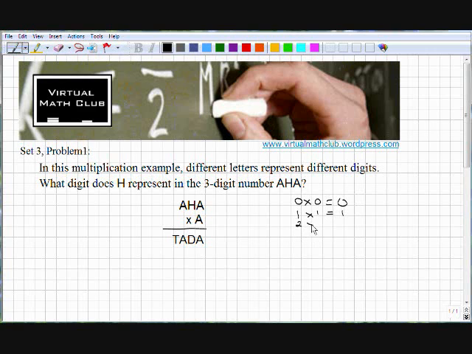If we take 2 times 2, we get 4. If we take 3 times 3, we get 9. 4 times 4, we get 16. 5 times 5, we get 25.